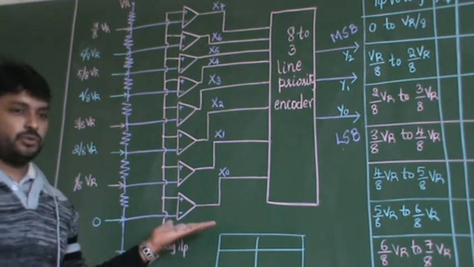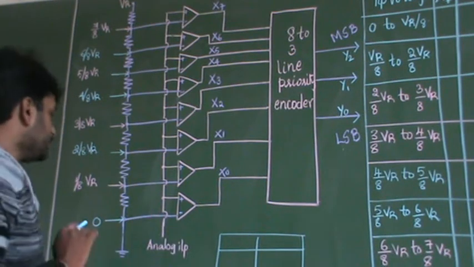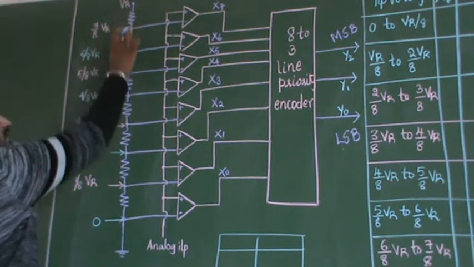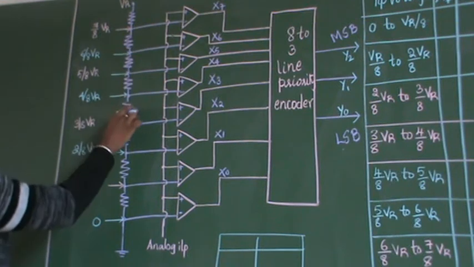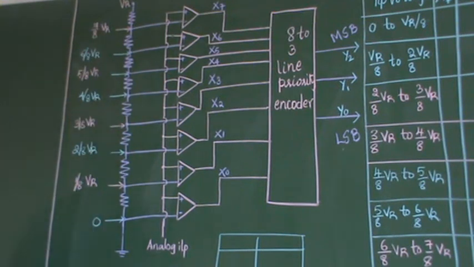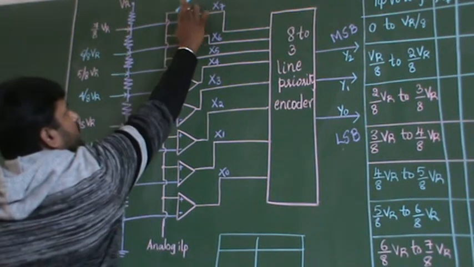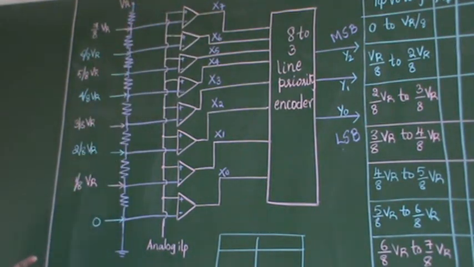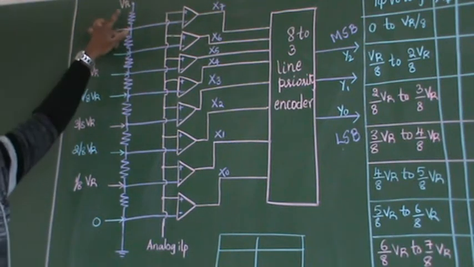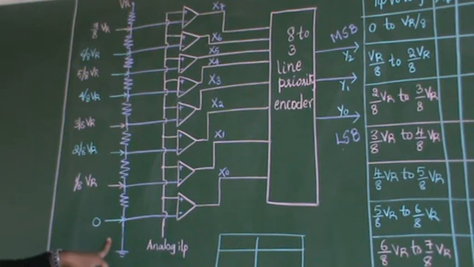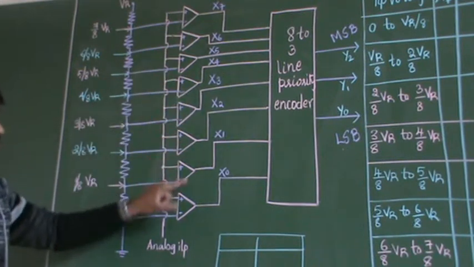Now I have to explain the diagram. First you have to write the 8 resistors vertically. The comparator should come between 2 resistors: one comparator between each pair of resistors, and so on. So there are 8 resistors and 8 comparators vertically.